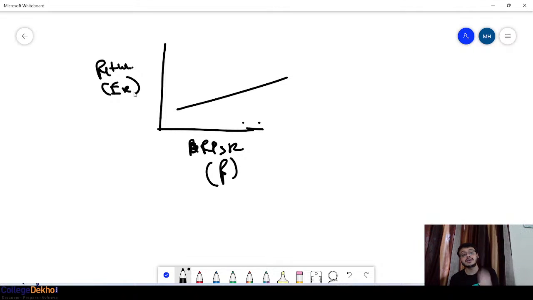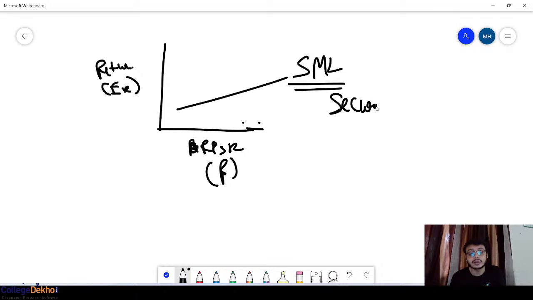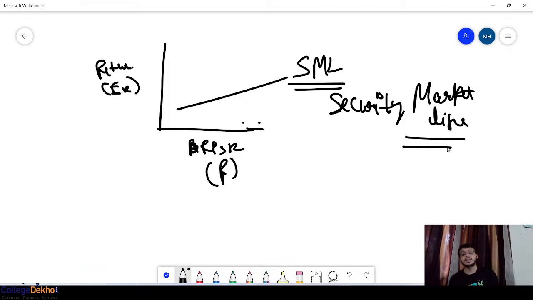And it is not the return, it is the expected return. It might happen that our actual return falls short of our expectations, or our actual return might exceed our expectations. This line is called your SML, your security market line. So what exactly is the security market line? The security market line is a graphical representation of the CAPM model.